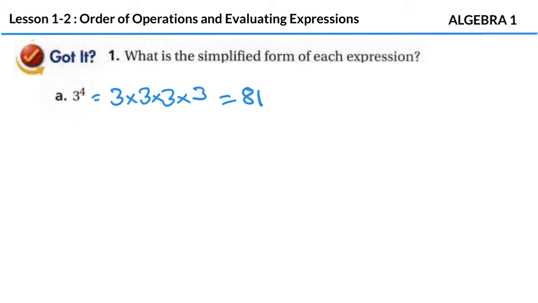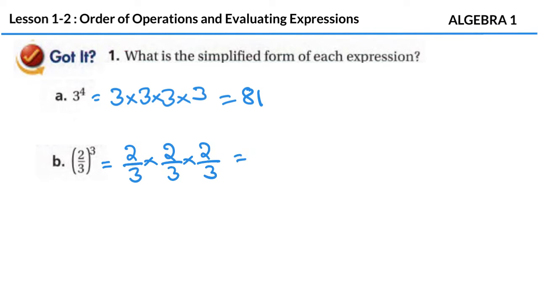Great. Let's try another one. 2 over 3 to the power 3. What will the answer be? It's 2 over 3 multiplied by itself 3 times. So that's going to be 2 over 3 times 2 over 3 times 2 over 3.